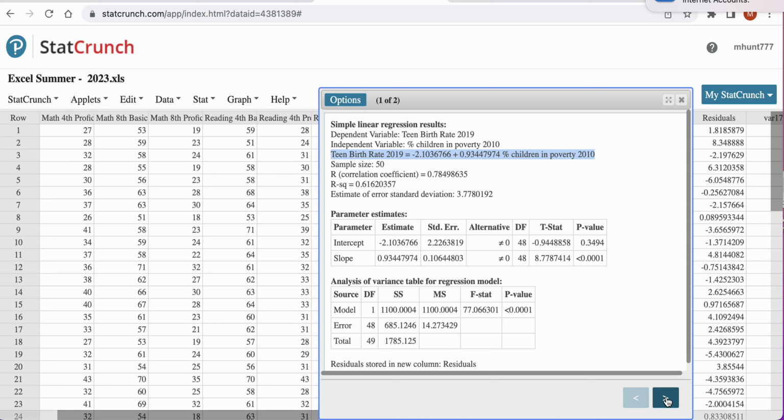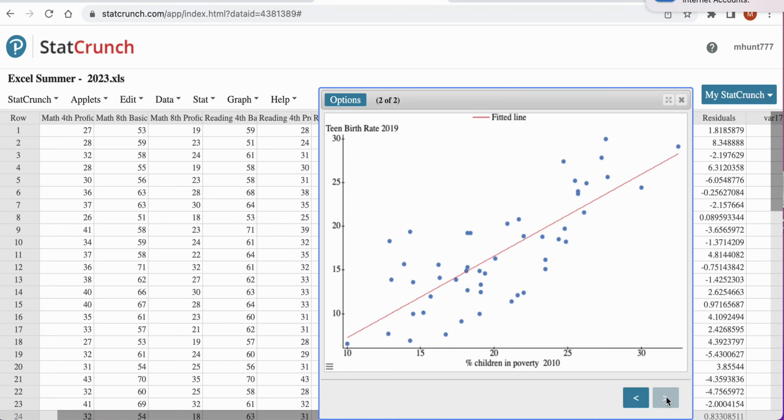So I would call this a moderate positive association between the percent of children in poverty and the teen birth rate. You're going to be asked to copy and paste that into your assignment document.